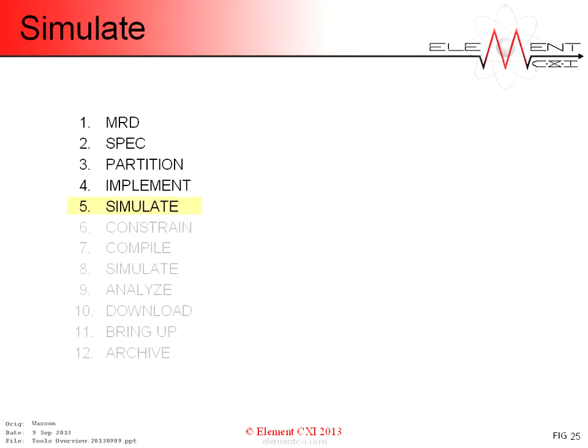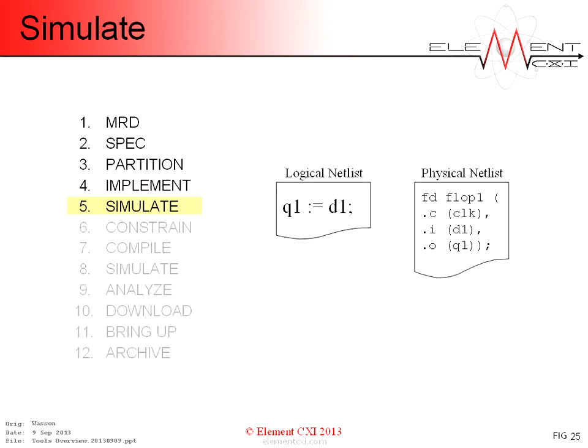The next of the 12 steps, simulation, can be performed on a logical or physical netlist. In orthodox FPGA design flow, simulation is traditionally performed twice, before compilation on the logical netlist and after compilation on the physical netlist.